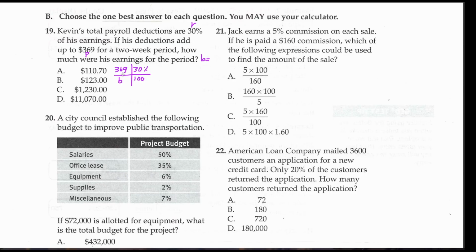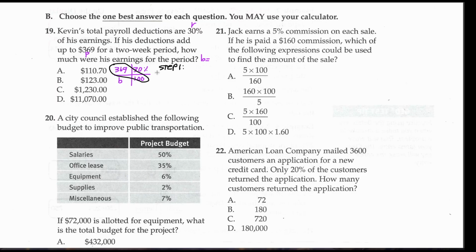So what is the first step? Step 1. Remember step 1? Multiply the two known diagonally.